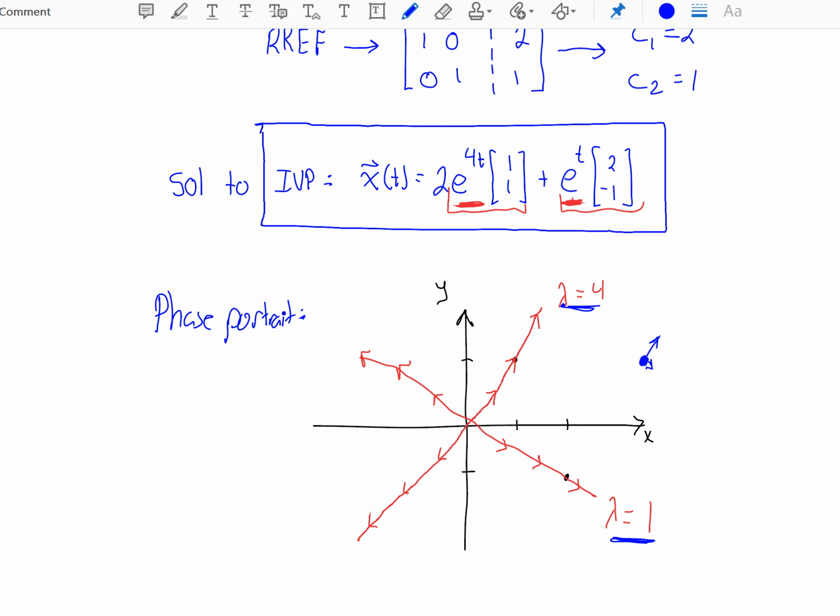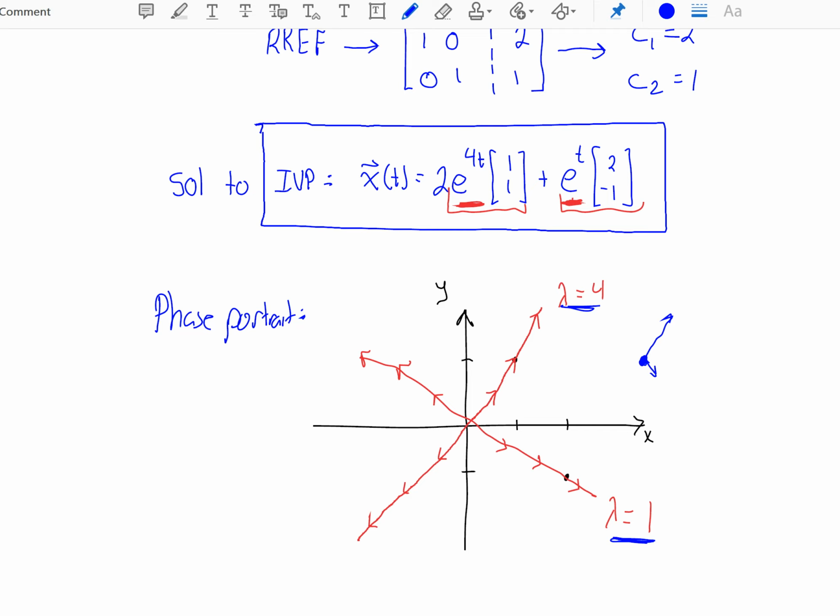I'm going to make those arrows a little bit more emphatic. The pull towards the eigenvalue of 4 is a lot stronger than the current from the eigenvalue of 1. So there's more movement parallel to the eigenvalue of 4 than there is towards the other.